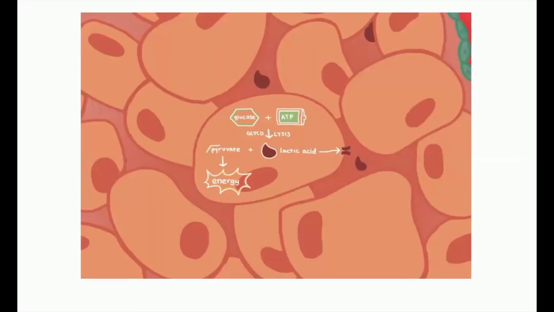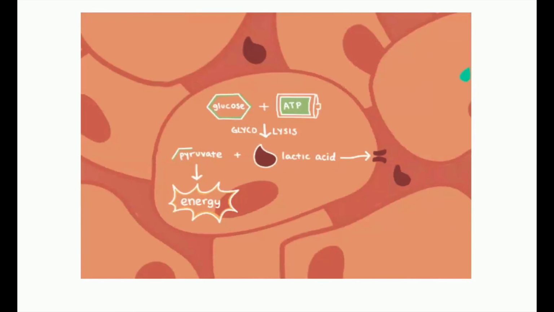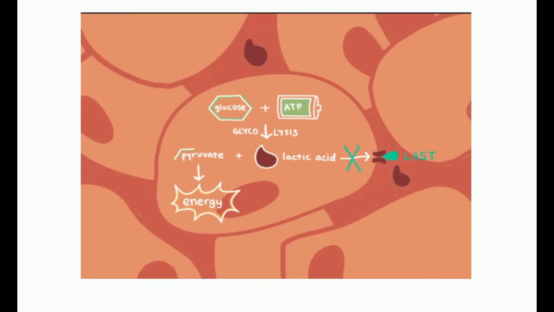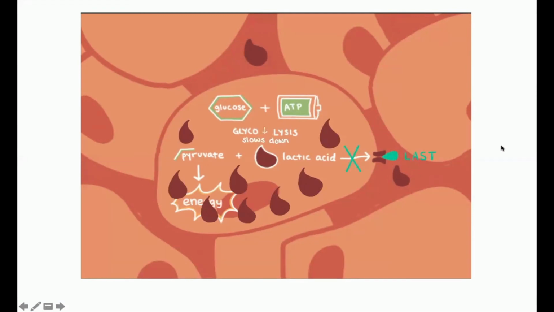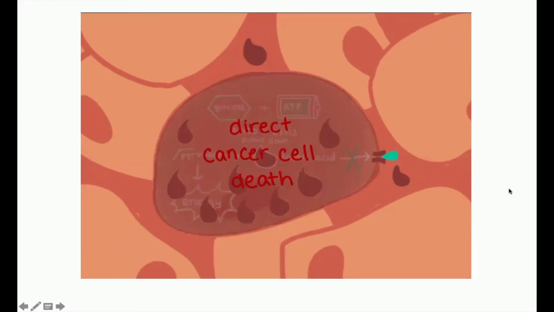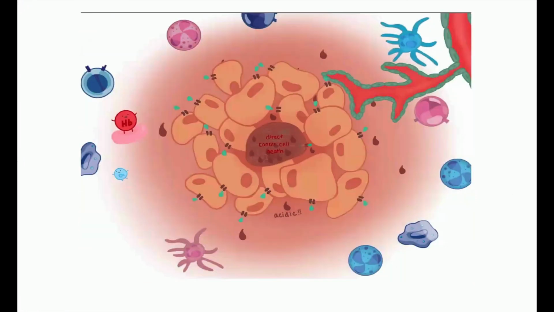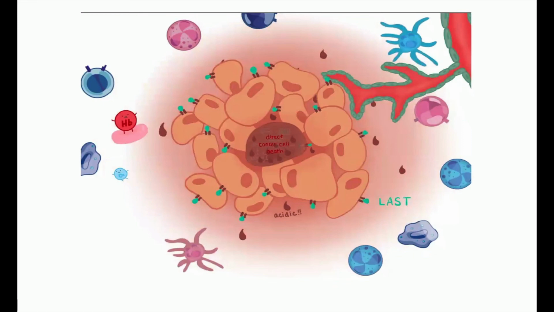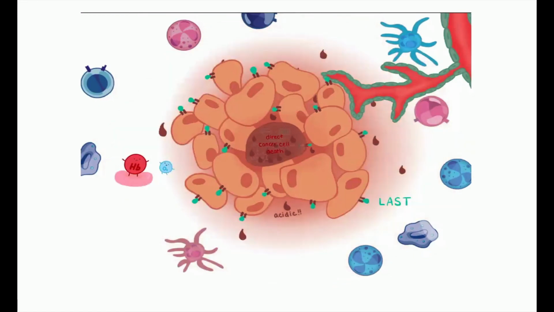So what's the most effective way to target these fundamental characteristics of cancer biology? The strategy of LAST is to develop a small molecule inhibitor that blocks the lactic acid transporter called MCT4. Successful inhibition will result in two main consequences. Firstly, cancer cells cannot get rid of their lactic acid byproduct. The accumulation of acid within the cell would slow down glycolysis, prevent cell growth, and directly kill the cell. Indirectly, as the acidity in the surrounding environment reduces to almost normal levels, lactic acid's effects of hypoxia and angiogenesis will begin to revert.